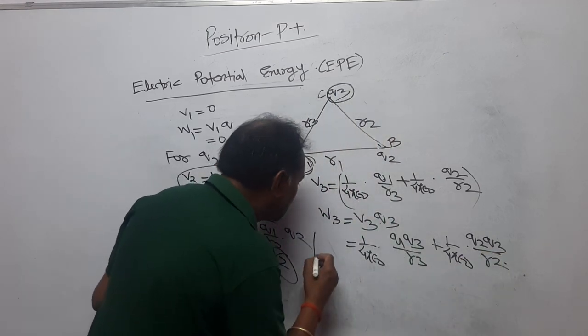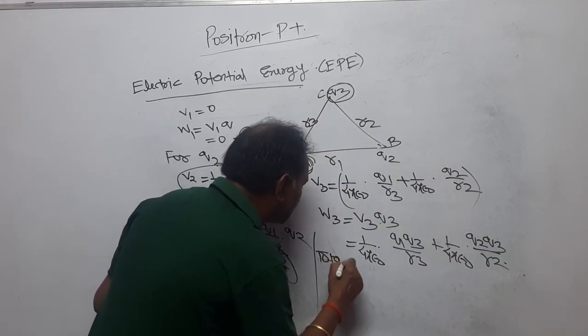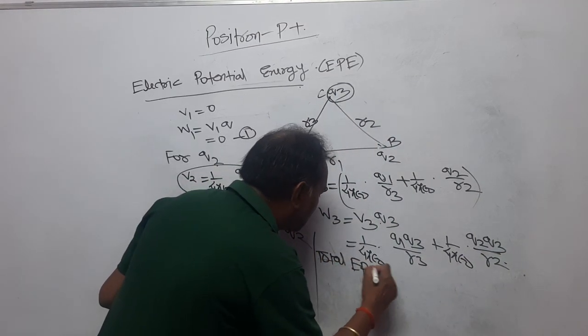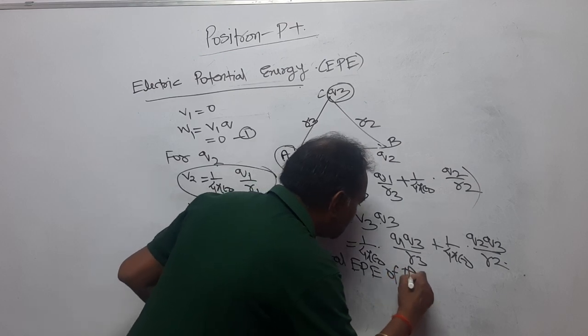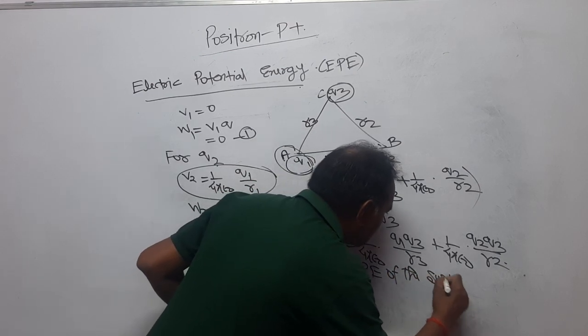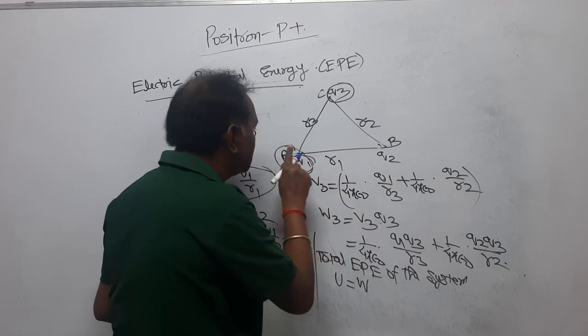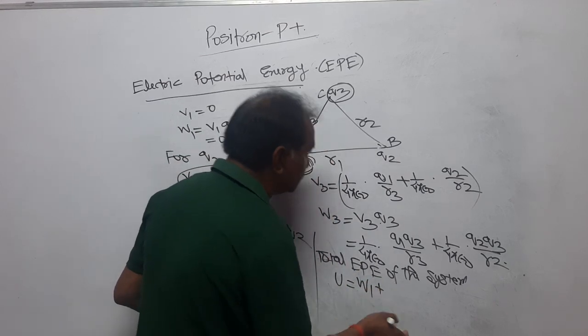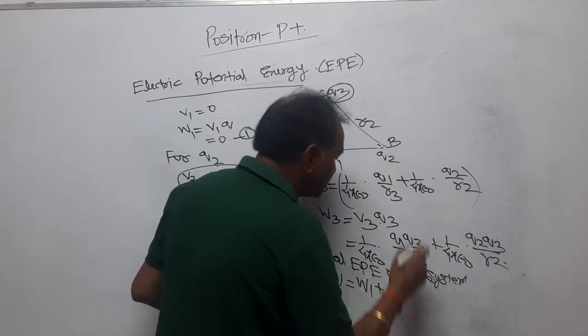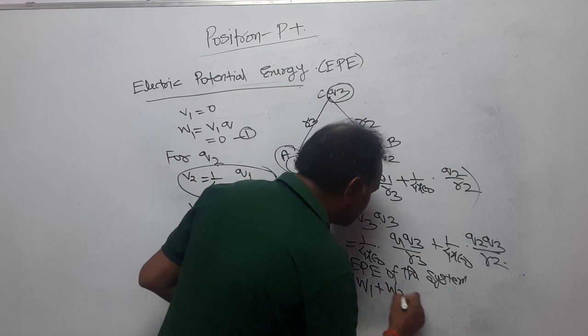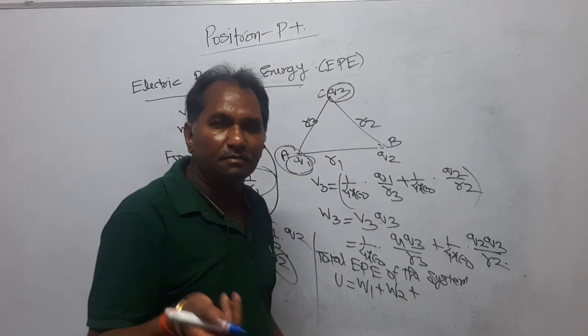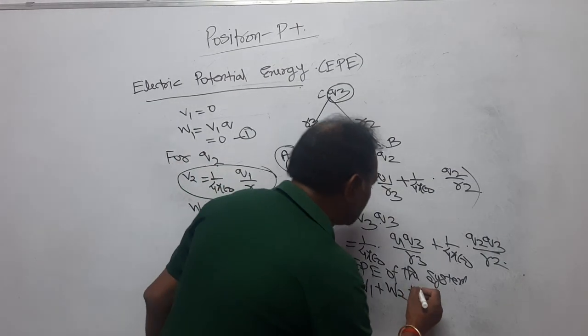So dear student, total EPE of the system U is equal to work done in bringing charge Q1, that is W1, plus work done in bringing charge Q2, that is W2, plus work done in bringing charge Q3, that is W3.